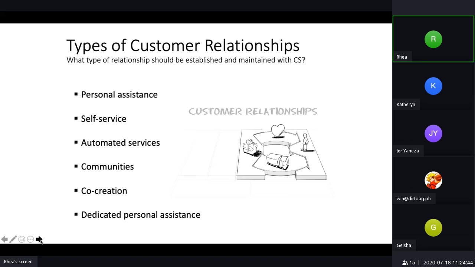And we have dedicated personal assistants. No wonder customers would rather pay X number of dollars every month for a subscription, because if you have problems with a particular product, they have a personal concierge that will attend to their needs almost immediately. A good example would be a credit card. If your credit card is at the platinum level, whenever you call customer service, you're always first in line.